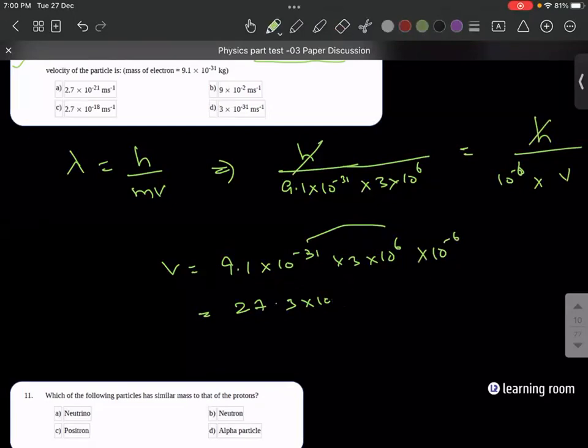That should be 10 power minus 31 only. But none of the options are matching. One minute. I made a mistake. It should be 10 power 12. So minus 31 plus 18 is minus 13, no?